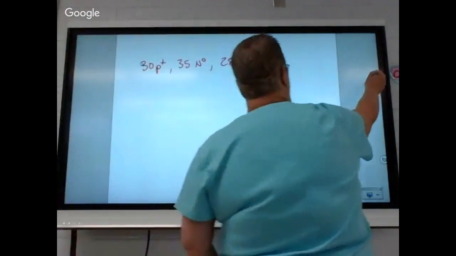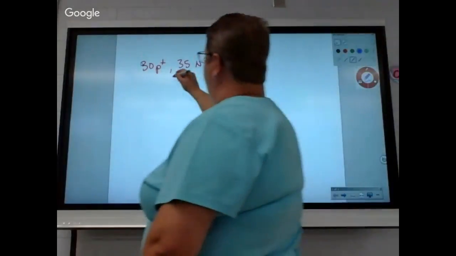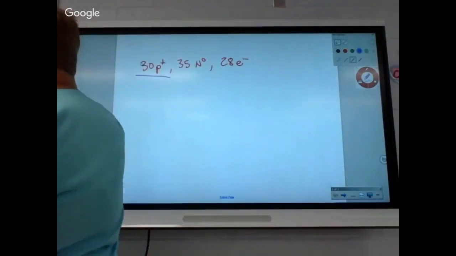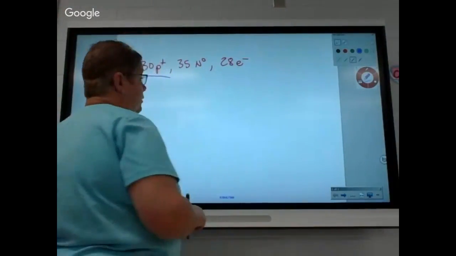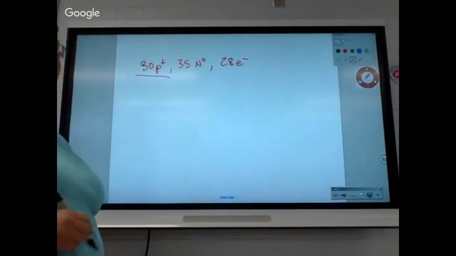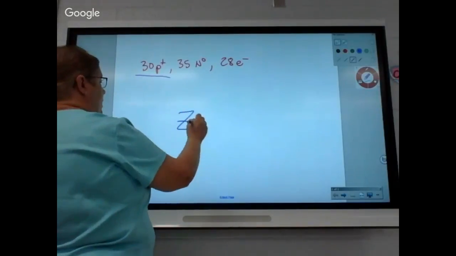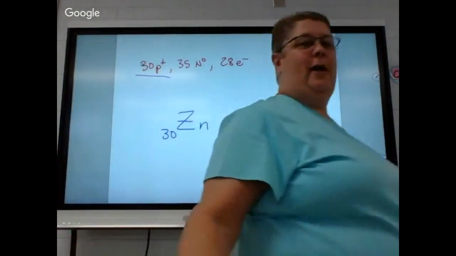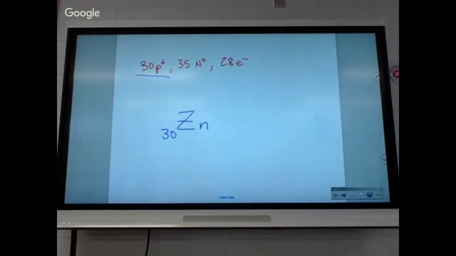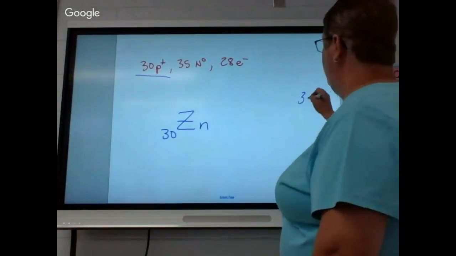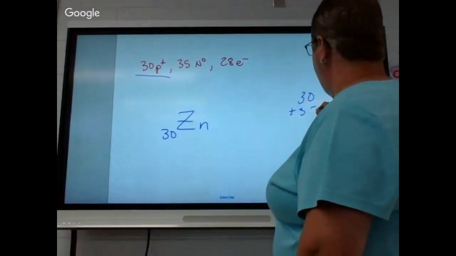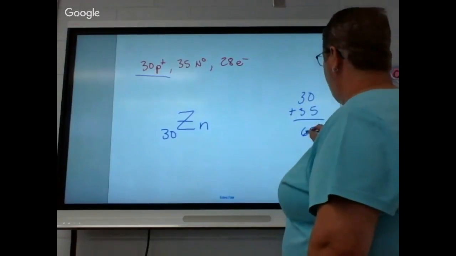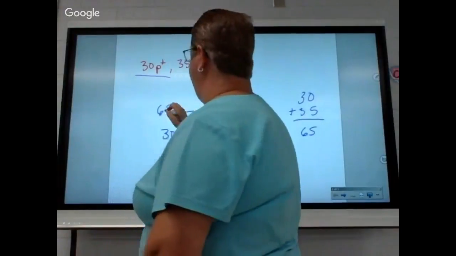So when we look at the protons, what element off the periodic table? Zn. So we write Zn in, and we know that the atomic number is 30. All right, what tells us the mass? Protons and neutrons. So we take the 30 plus the 35, and we get 65. So we know that's the 65, right?